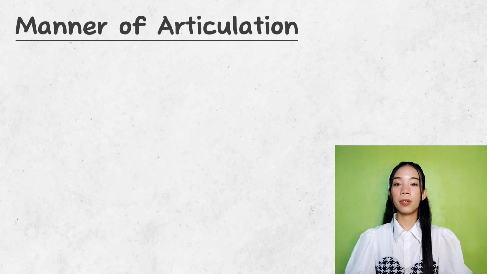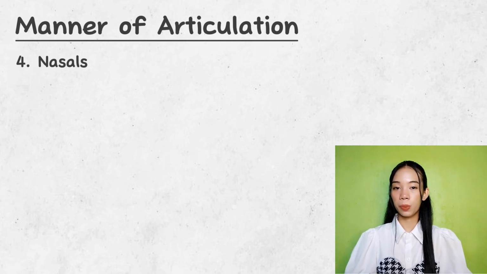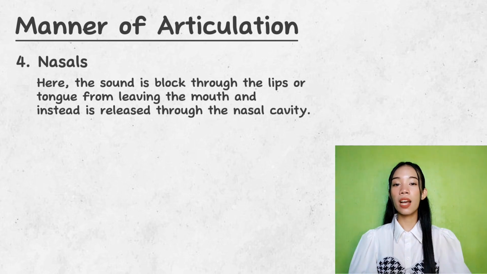Now, we have a fourth group, and those are nasals. Now, nasals make you think of nose, and that's quite good because the nose or the nasal cavity plays a big role. When we produce nasal sounds, the sound is blocked through either the lips or the tongue.